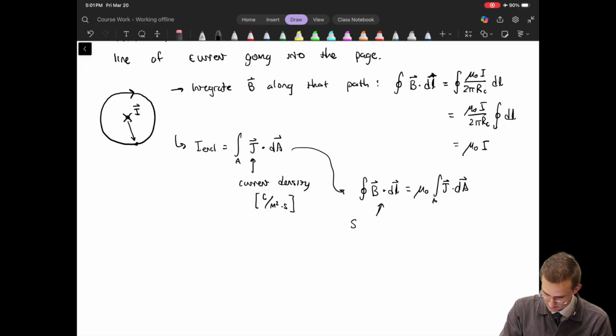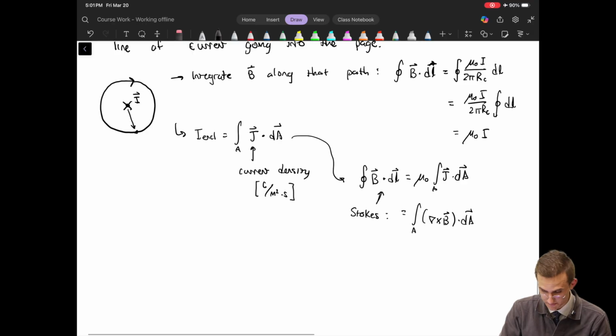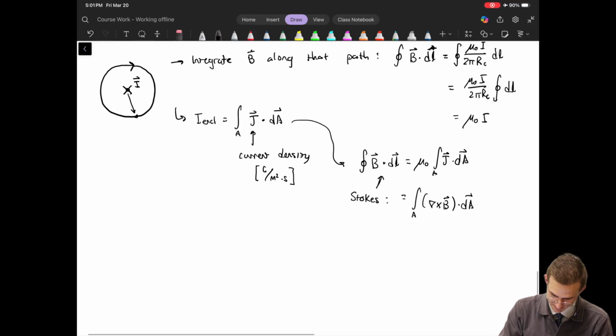Stokes tells us that that is equal to the integral over that same area of the curl of B dot dA. And that's true for any loop that we draw. So same sort of argument, and we end up with Ampere's law, which is that the curl of B is equal to mu naught J.